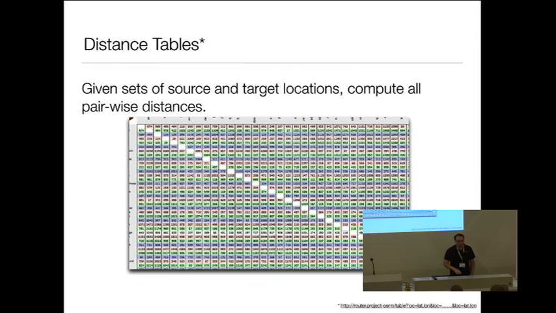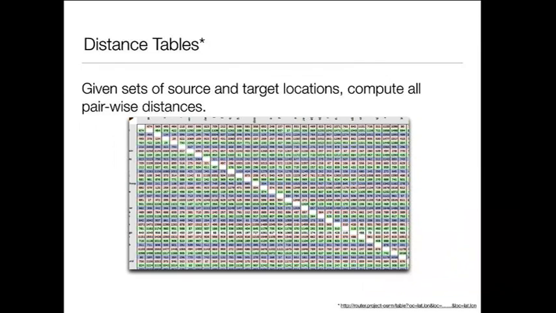Which brings me to the next example, and this is distance tables. Distance tables are the major building block for essentially every logistics optimization. What you start with is a distance table. You're given a set of source and target locations, and you want to come up with the table that computes all the pairwise distances, right?